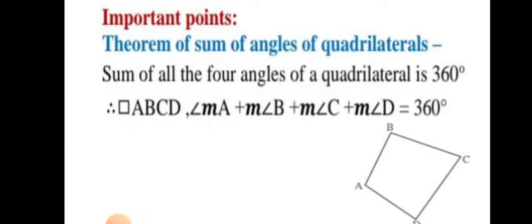Therefore, quadrilateral ABCD as shown in the figure. Measure angle A plus measure angle B plus measure angle C plus measure angle D equal to 360 degree. This is the important point: sum of all angles of quadrilateral equal to 360.